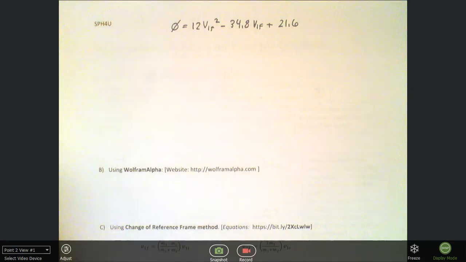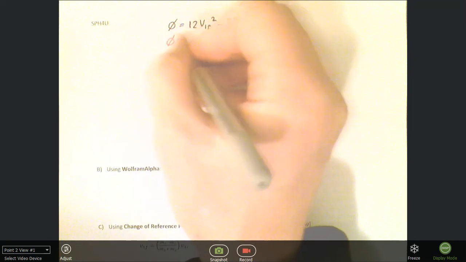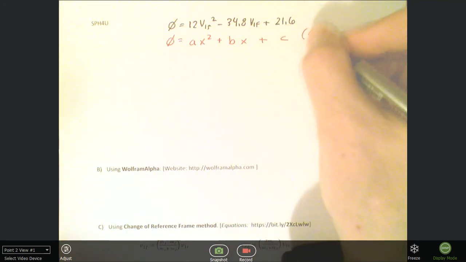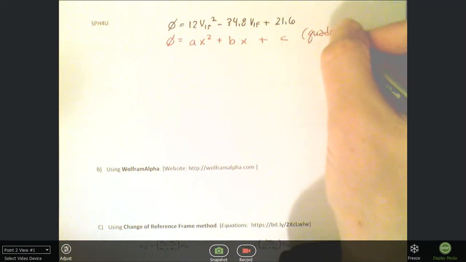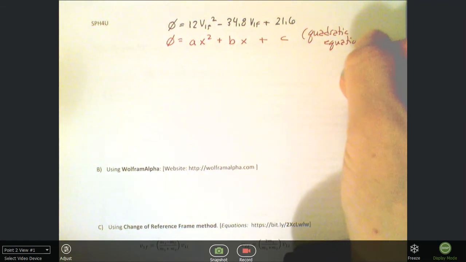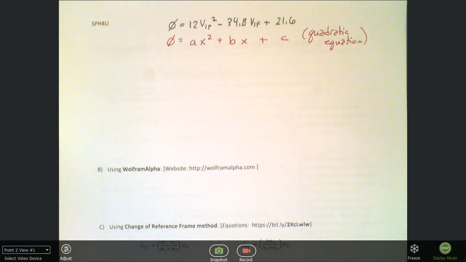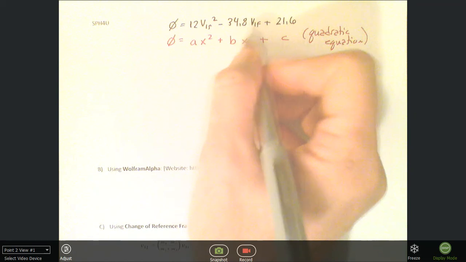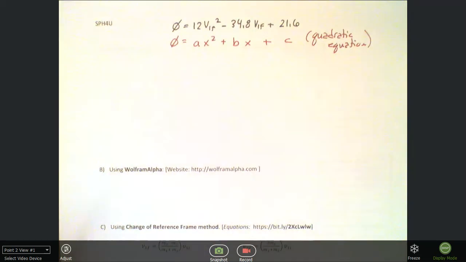Okay, now you're thinking, how do I solve this? Well, look at this. Quadratic equation. You think, oh, never thought I'd have to use that again, but you're going to have to. All right, so you've got an x term, a linear term, and a constant term.